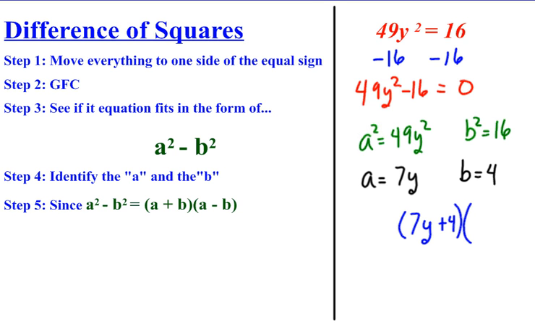The second set of parentheses is a minus b, so 7y minus 4. And that would be our factored form there. When we multiply those out, we should get our original equation. So again, our factored form is here.